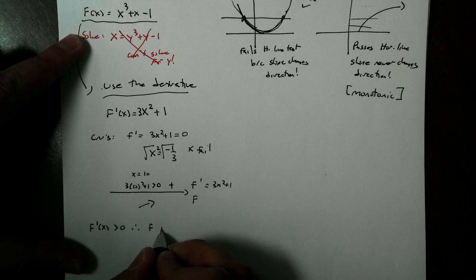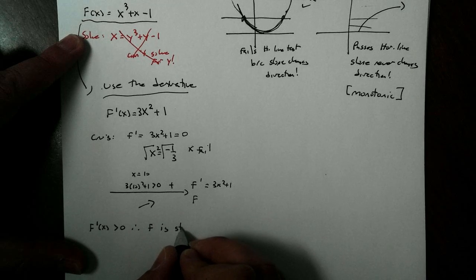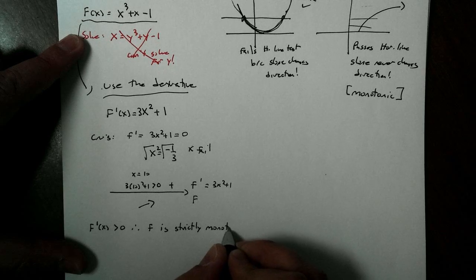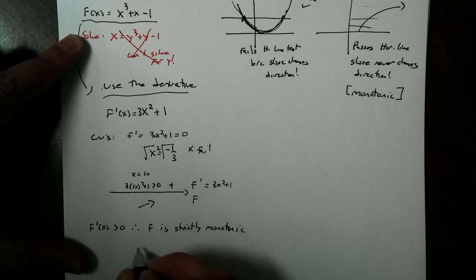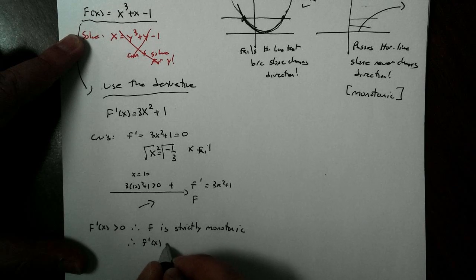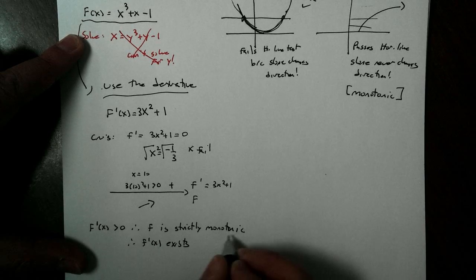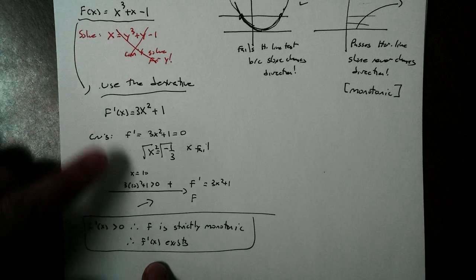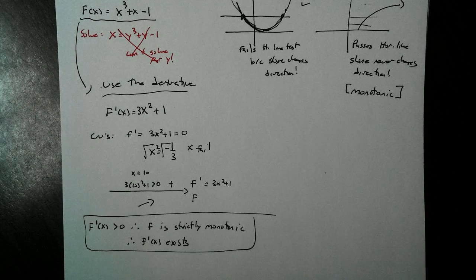Therefore, we say f is strictly monotonic. In other words, it never changes direction. Therefore, the inverse exists. Now, I may not be able to find the inverse, but I do know there is an inverse to this function, that the inverse does exist.